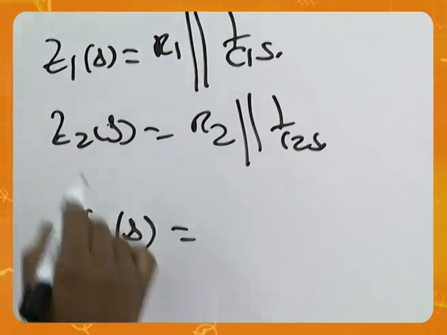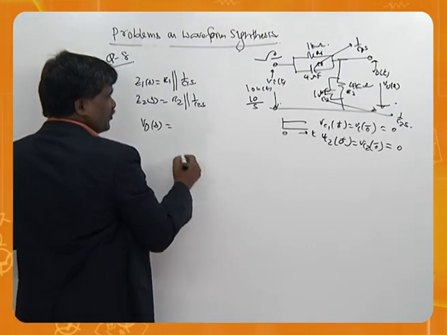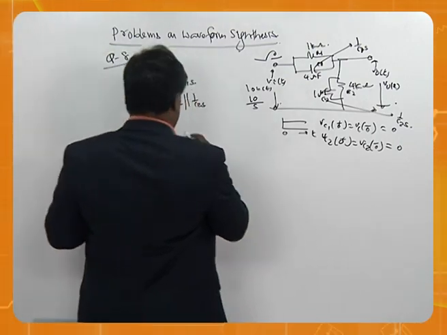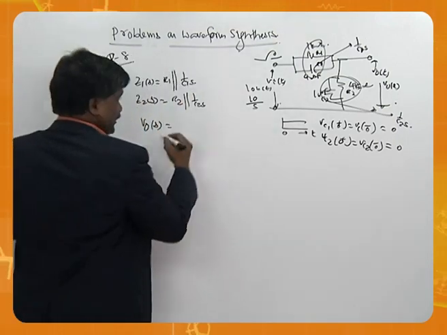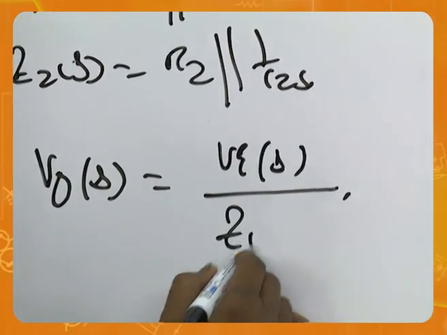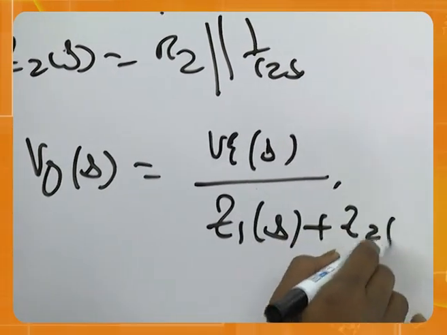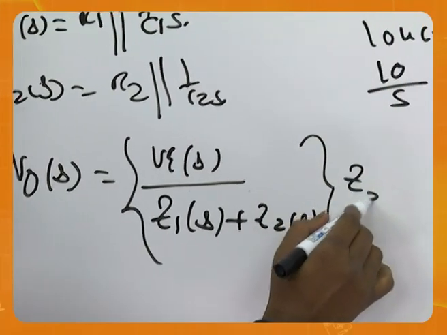Then what is V naught of s here? It is simply a potential divider. If I call these Z1 and Z2, then V naught of s is equal to Vi of s by Z1 of s plus Z2 of s, multiplied by Z2 of s.